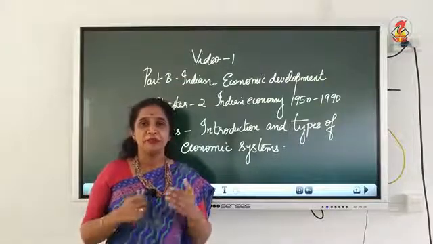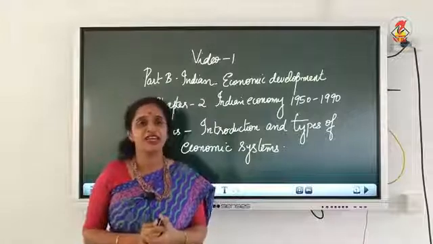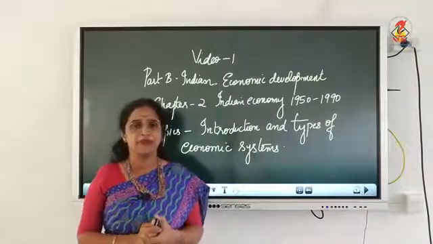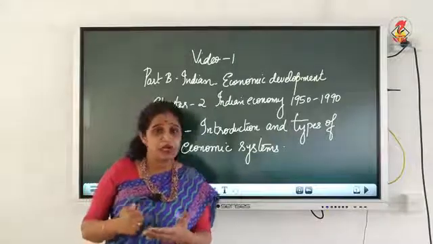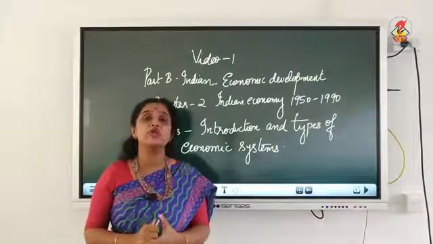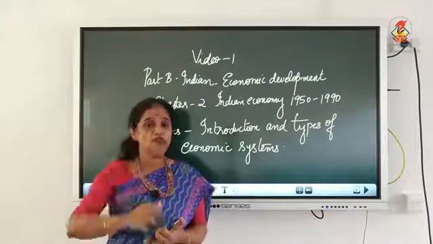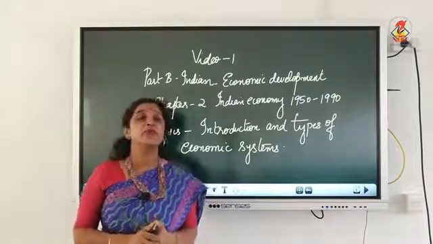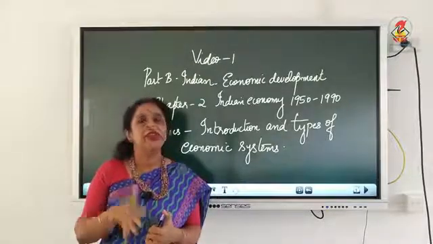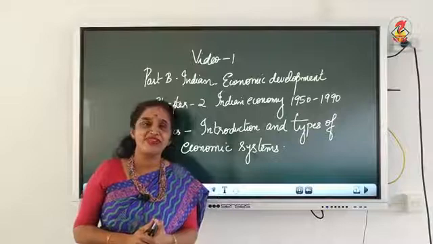The main task before the Indian government was to frame a proper economic system which could give prosperity to our economy. That was the main difficult task before the Indian government.